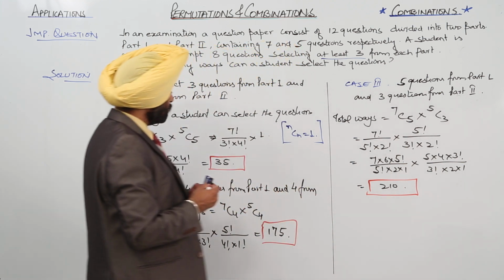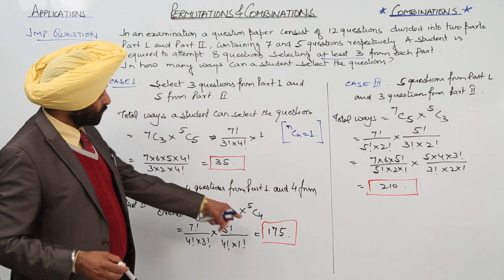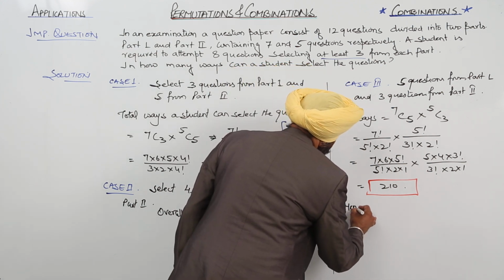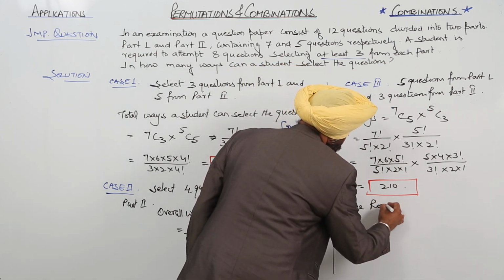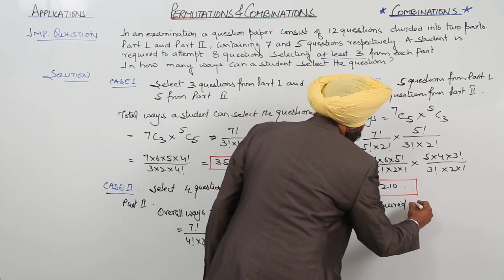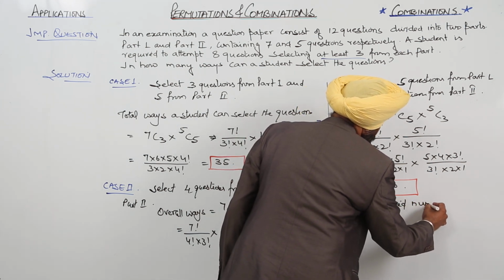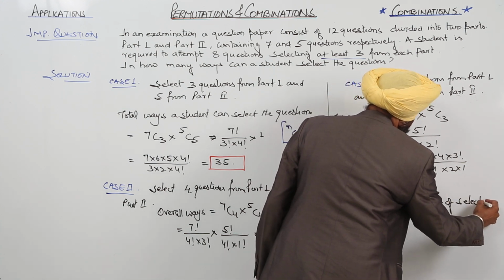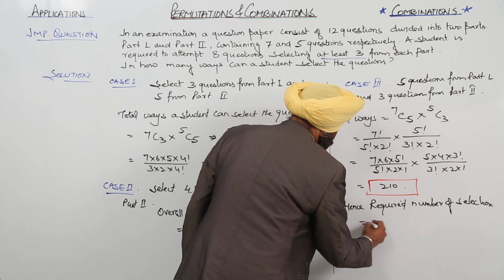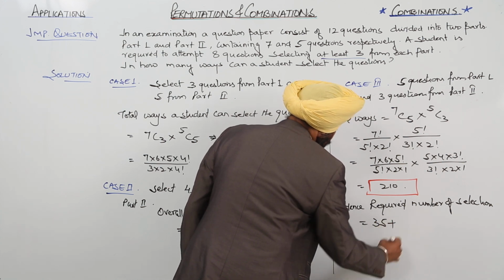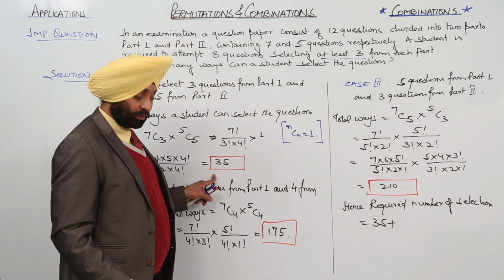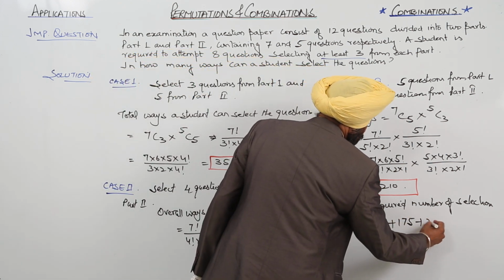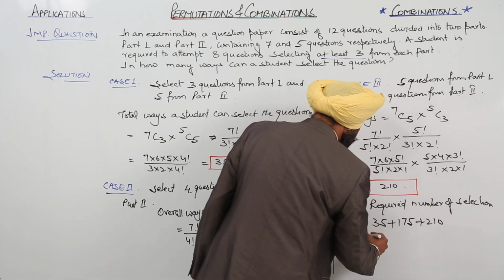Okay, so from all the 3 cases, 1, 2 and 3, hence the required number of selections is equal to 35 for case 1, 175 for case 2 and 210 for case 3.